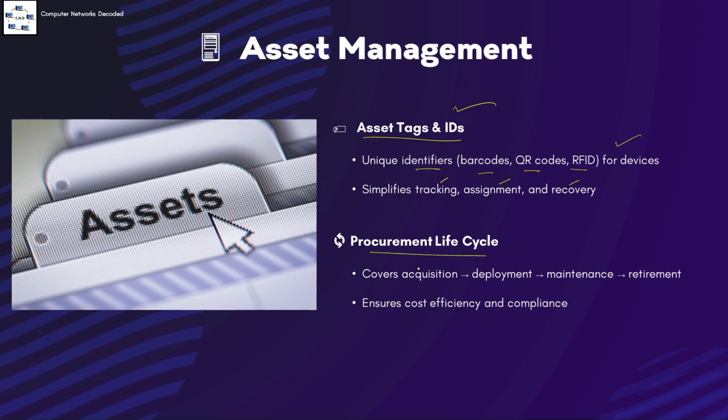Procurement life cycle basically covers the acquisition, deployment, maintenance, and retirement of the software and hardware devices. So this is the complete life cycle of a device, you can say, and this ensures cost efficiency and compliance with the organization's policies.